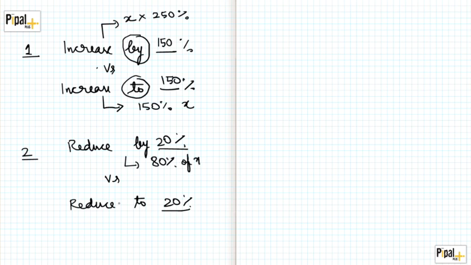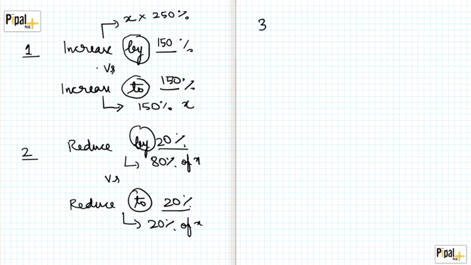But if my x must be reduced to 20%, then the answer I'm looking for is just 20% of x, right? So notice that whenever there is a to involved, we will just multiply this percentage with whatever number we are going to change. If we have a by, then for increase by we add this percentage to 100%. Whenever we have reduced by, we reduce this percentage from 100% to arrive at our answer.